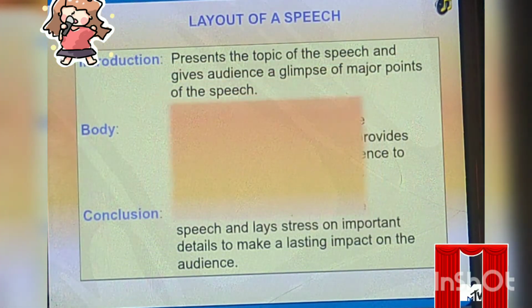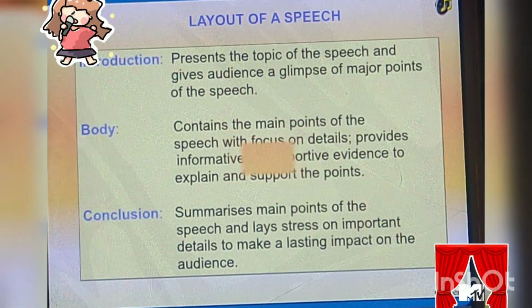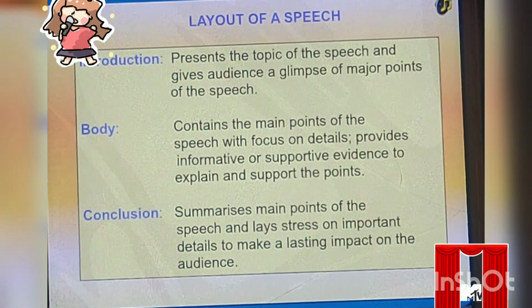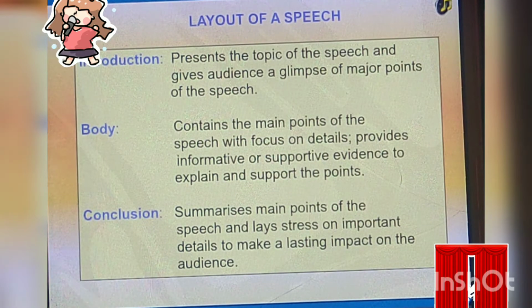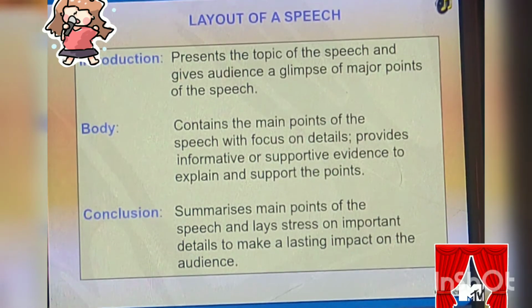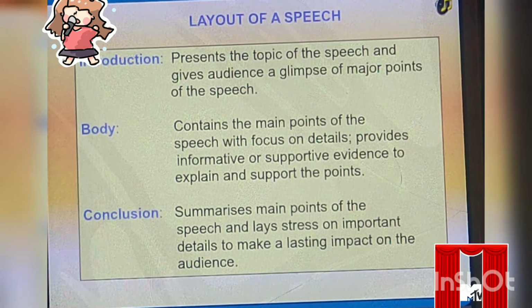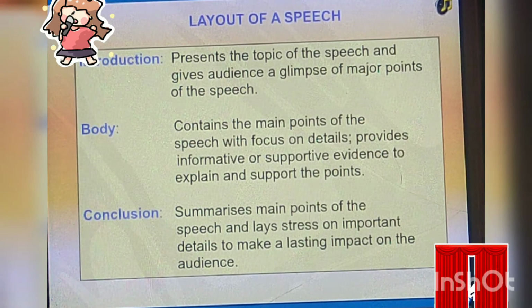Layout of a speech. Introduction presents the topic of the speech and gives audience a glimpse of major points of the speech. Yes. Then body of the speech contains the main points of the speech with focus on details, providing informative or supporting evidence, explain and support the points.